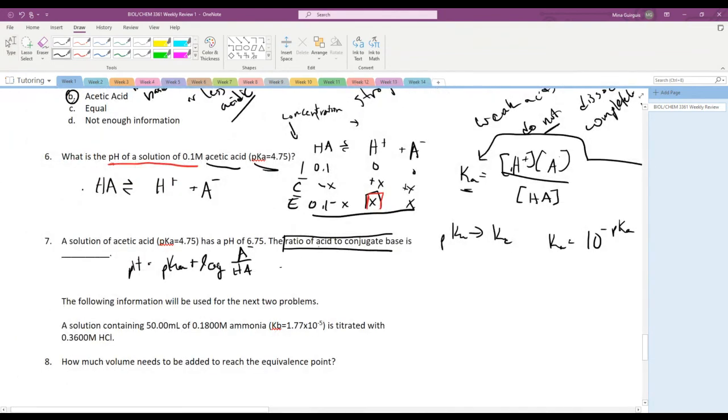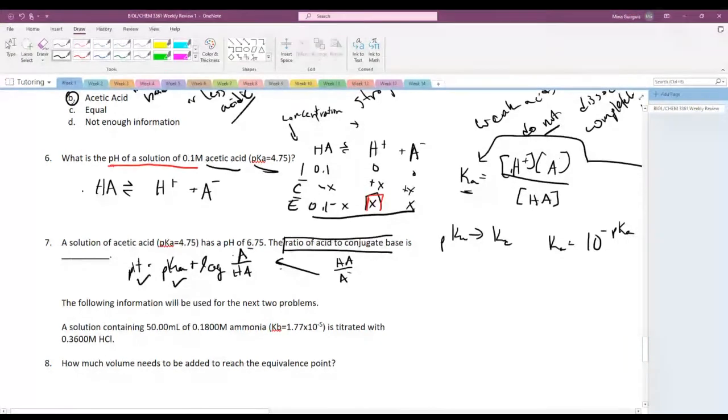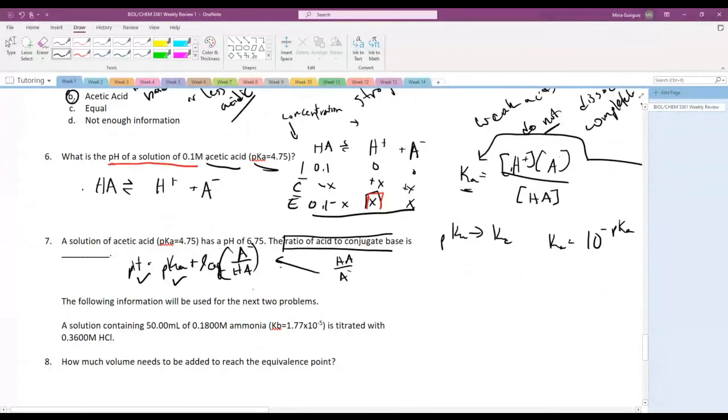But the ratio of acid to conjugate base is HA over A minus. Well, that's kind of the same as this thing, just flipped. Log is just an operator, so we can very easily get to this.